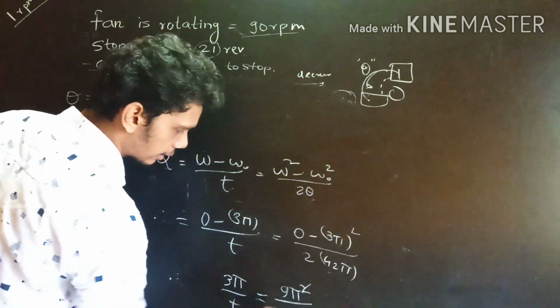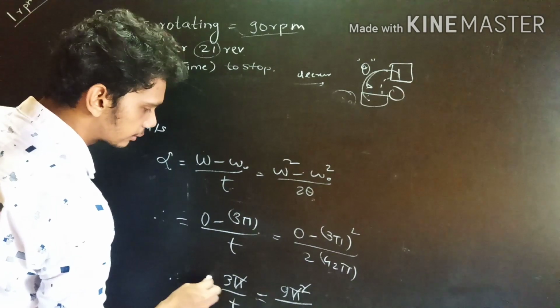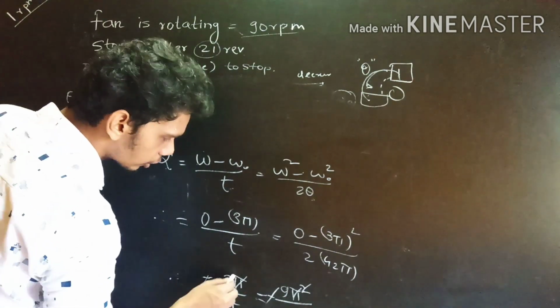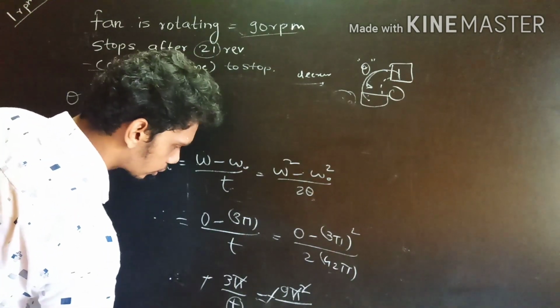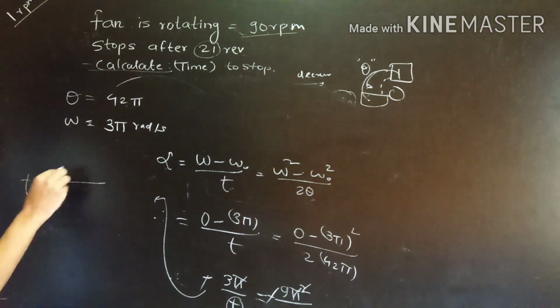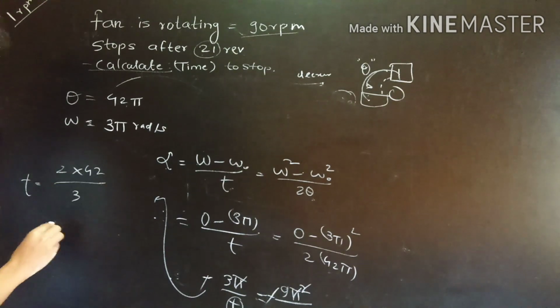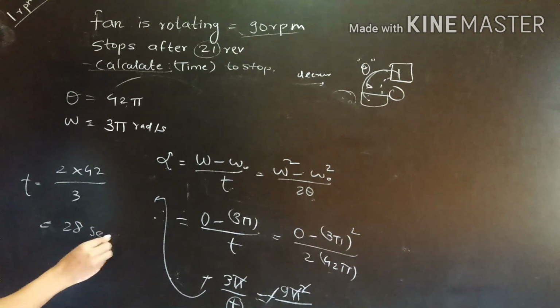Pi cancels here, and the minus sign on both sides cancels. So here we have to calculate t. So t is equal to 2 into 42 upon 3. When you calculate, you will get the answer as 21 seconds.